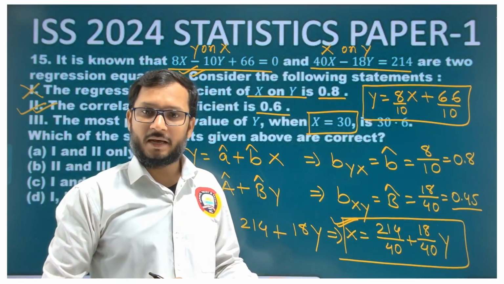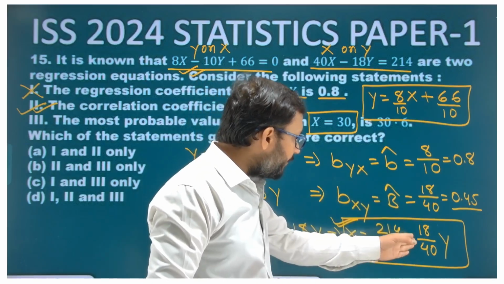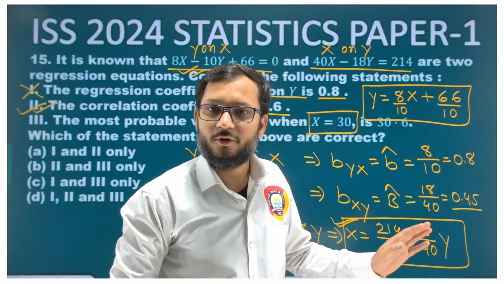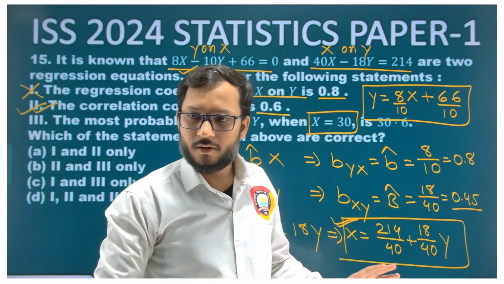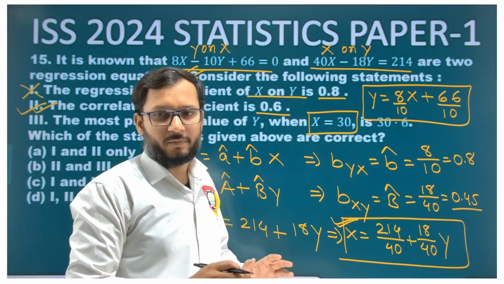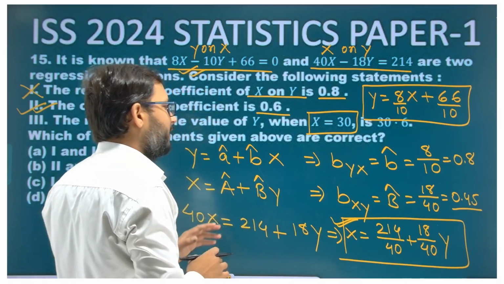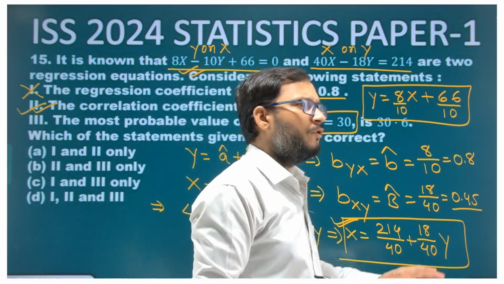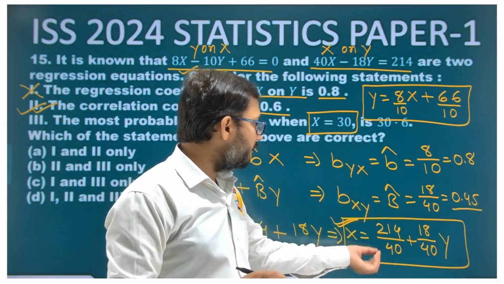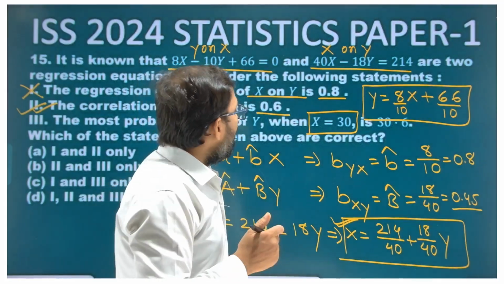These two equations are actually the best fitted equations, because the b cap that we have written is the least square, or maximum likelihood, estimator. So this is the best fitted line, and the most probable value will be given by it, by putting the value of x in one of these equations. Which one?